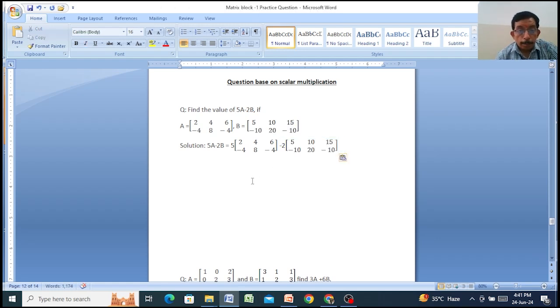Now first we put the matrix A and matrix B values in the given equation. Now we solve by the scalar multiplication method, student.